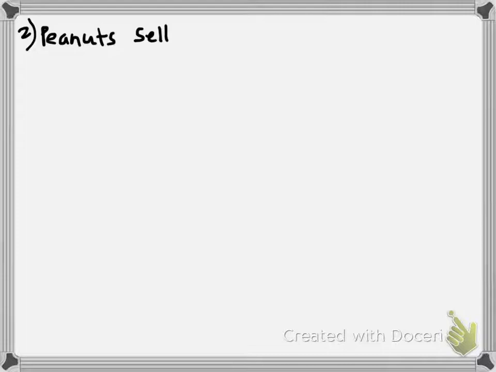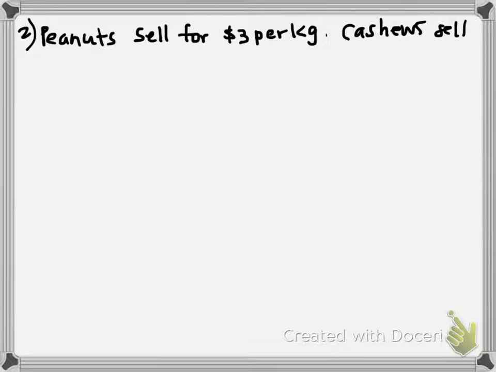Peanuts sell for $3 per kilogram. Cashews sell for $6 per kilogram.